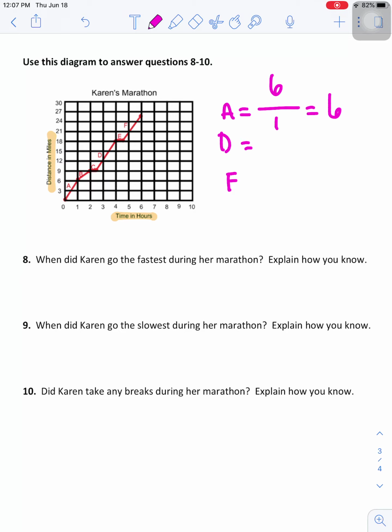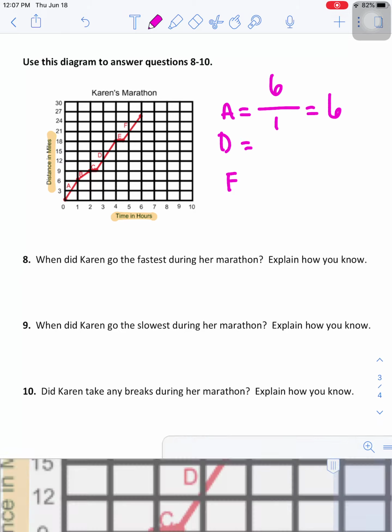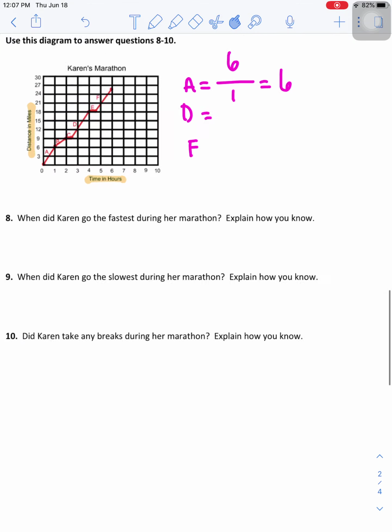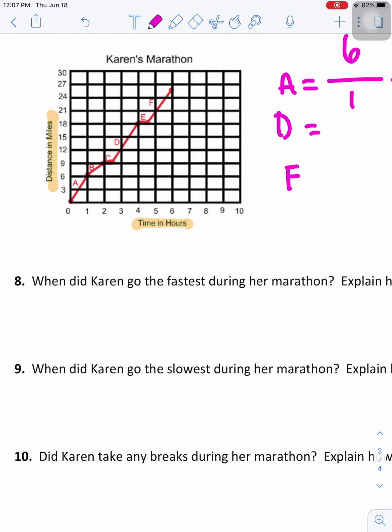Now the other steep spot was at D. If you look at D, her distance went from 9 miles to 18 miles in that little segment. So the difference between 9 and 18 is 9.